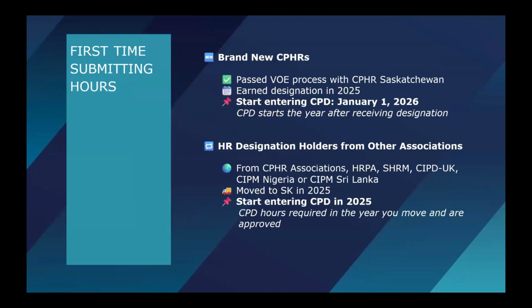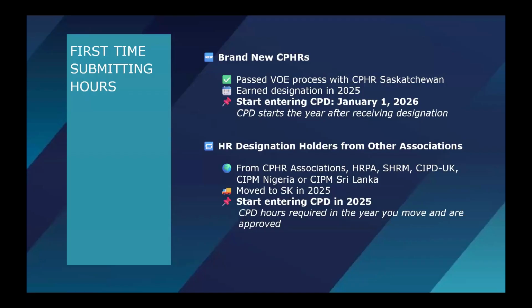If you are a brand new CPHR, so you passed the VOE process with CPHR Saskatchewan and earned the designation in 2025, you start entering your CPD hours January 1st, 2026. So the CPD hours start the year after receiving the designation.